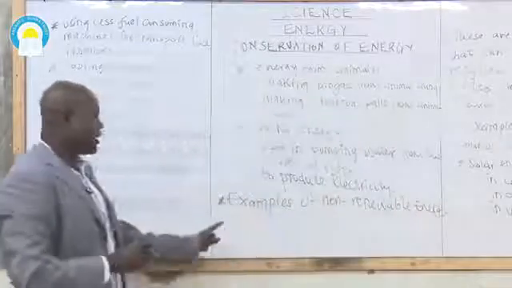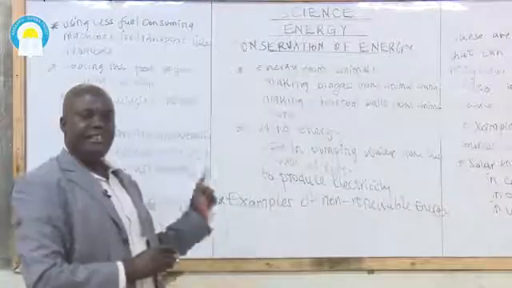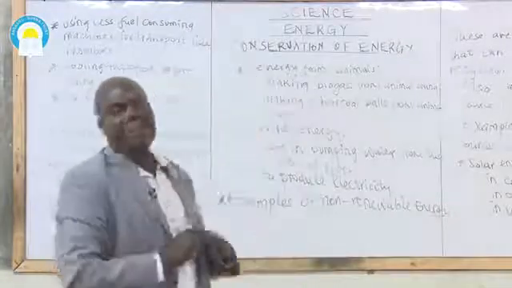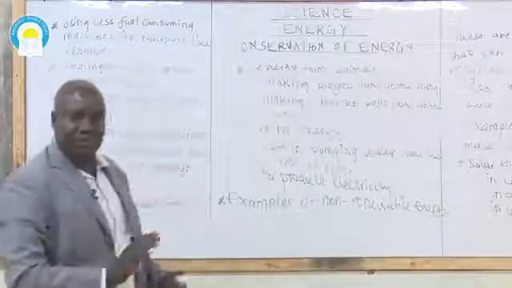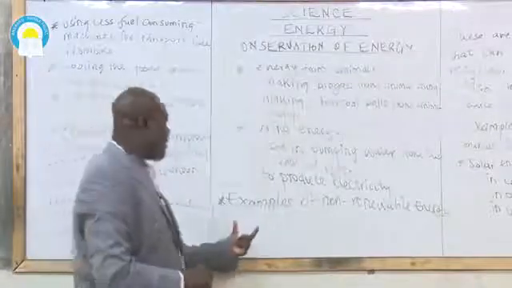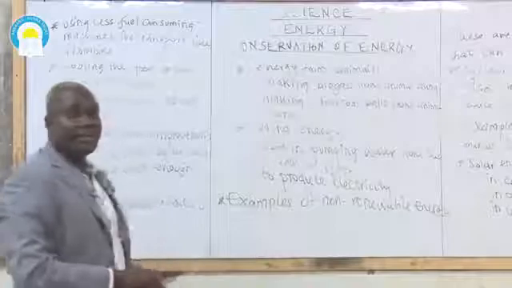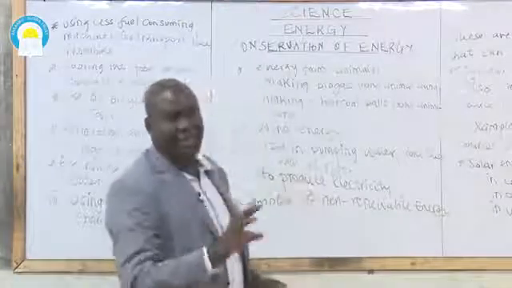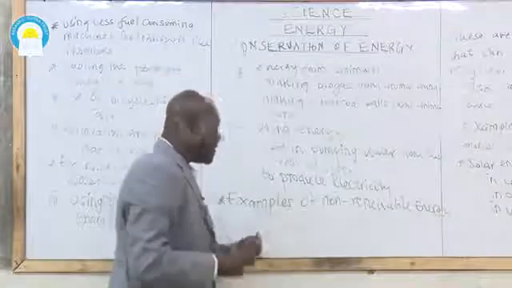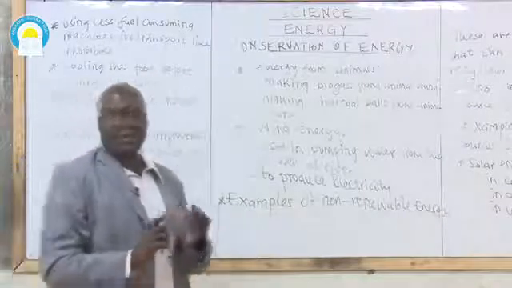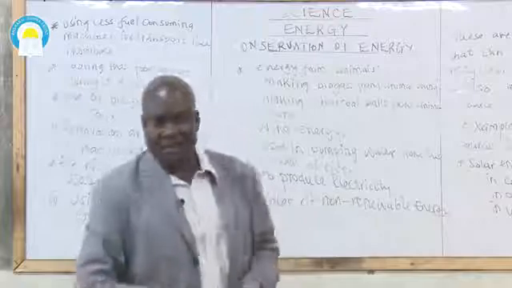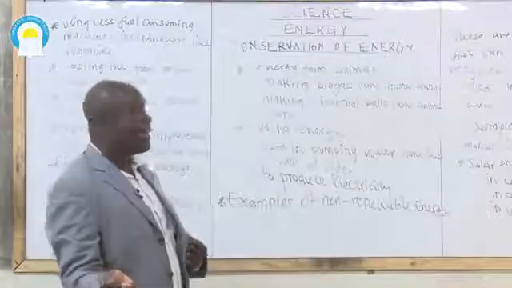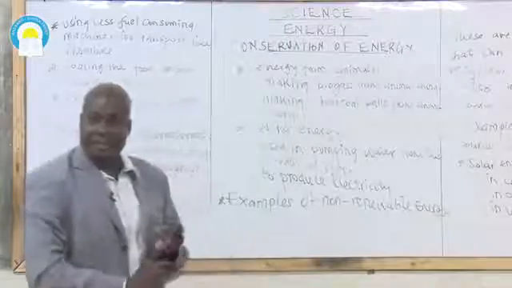When you talk of non-renewable, it is the type of energy that when you have used it, you can no longer make use of it again. Once you have used, that's the end of it. There are three examples of non-renewable energy. One is natural gas, the one many people use in cooking in the houses, like in cities or towns. Many people use what you call a gas cooker. That's they're using natural gas.